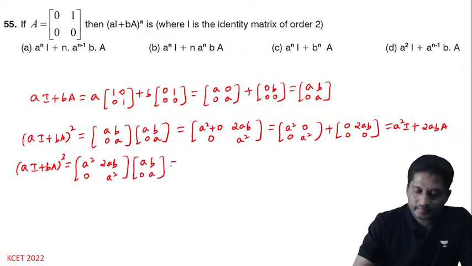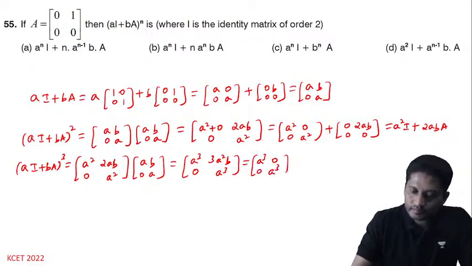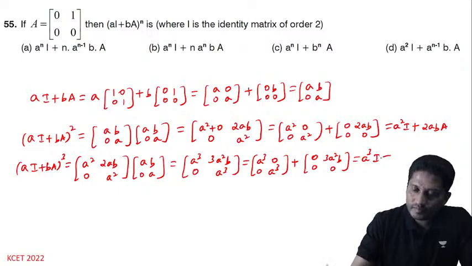Now if I multiply, first row, first column is a cube. First row, second column is a square b plus 2a square b is 3a square b. Okay, this is 0 and then a cube. So this is same as a cube 0 0 a cube plus 0 3a square b and then 0 0. This can be written as a cube into I plus 3a square b into A.